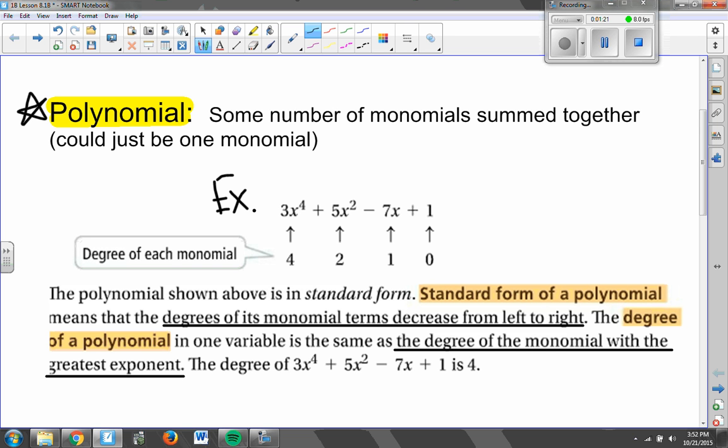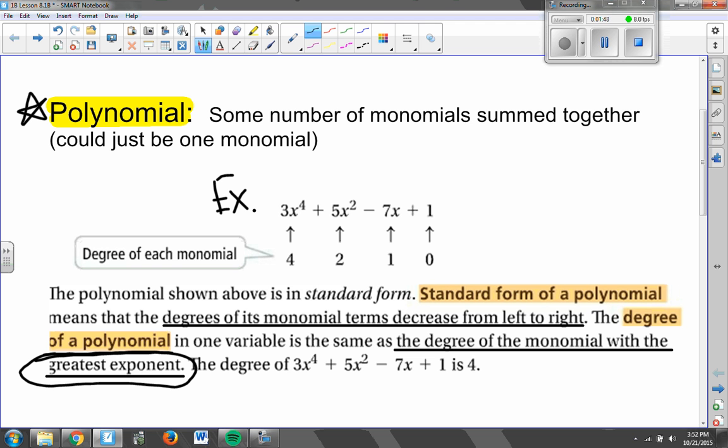The first being degree. Just like we talked about degree yesterday with monomials, being the exponents of the variables all added together. Now, the degree of a polynomial in one variable is the same as the degree of the monomial with the greatest exponent.